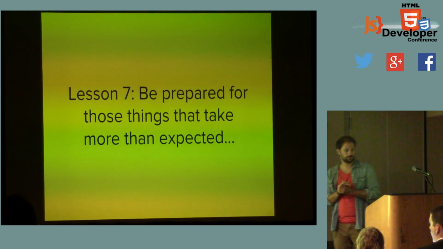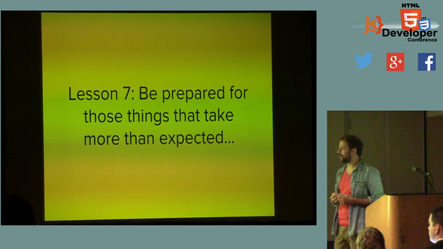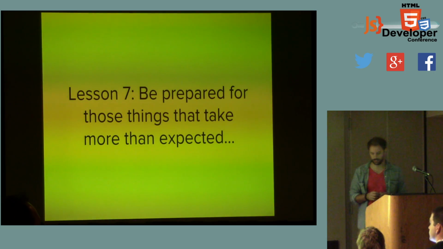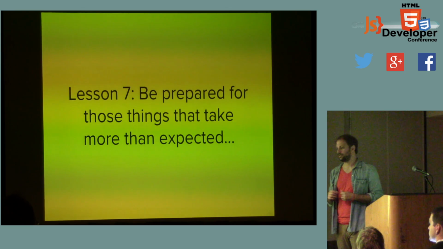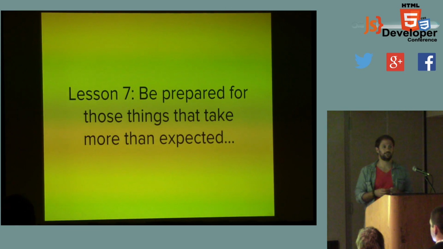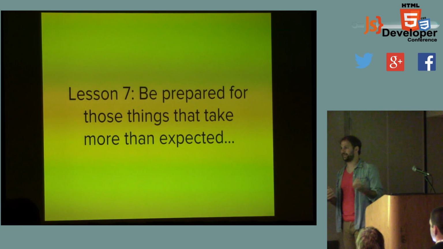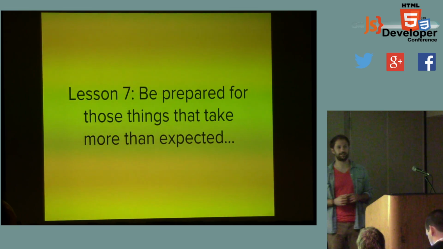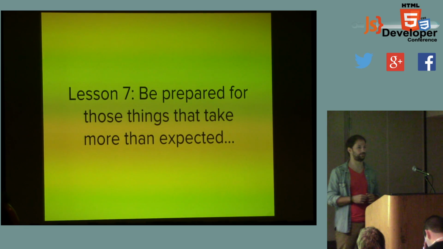Number 7. One thing that we were thinking about and ended up doing was, what happens when things take more than those 60 milliseconds that we want to constrain our average response time to be?